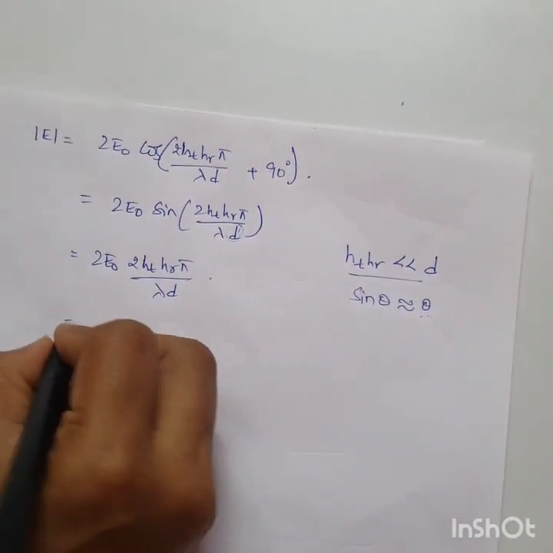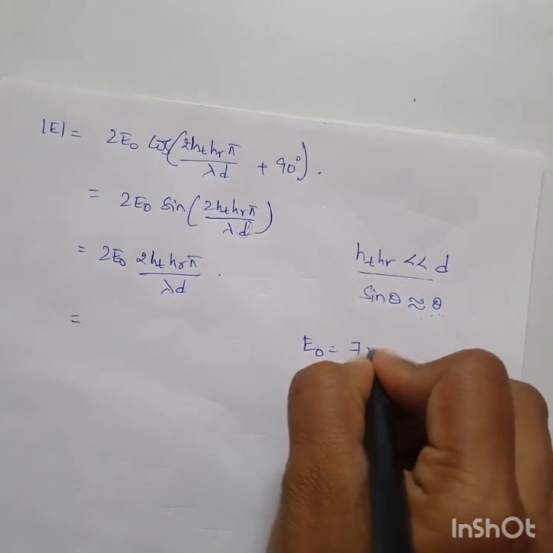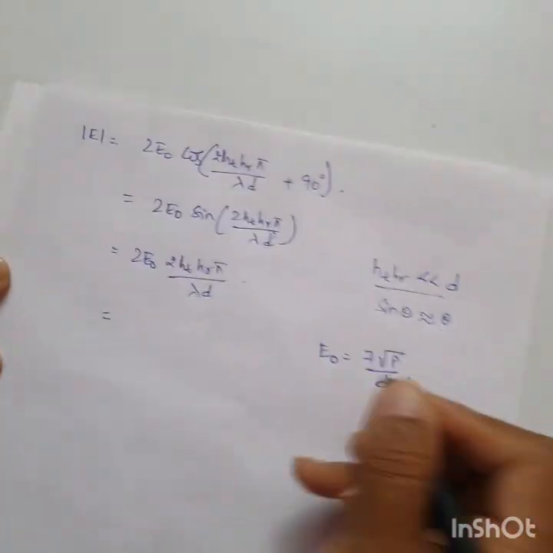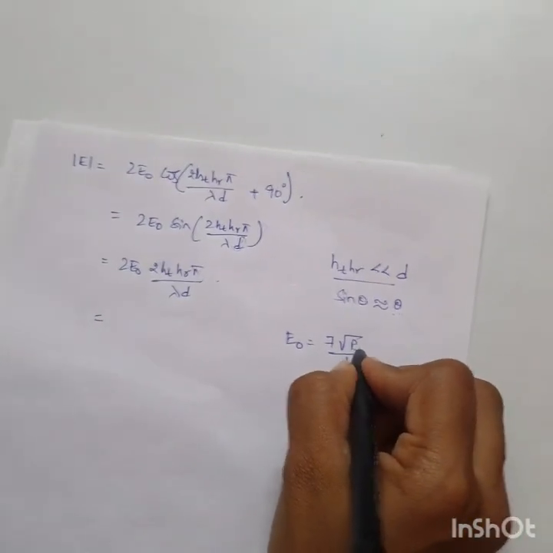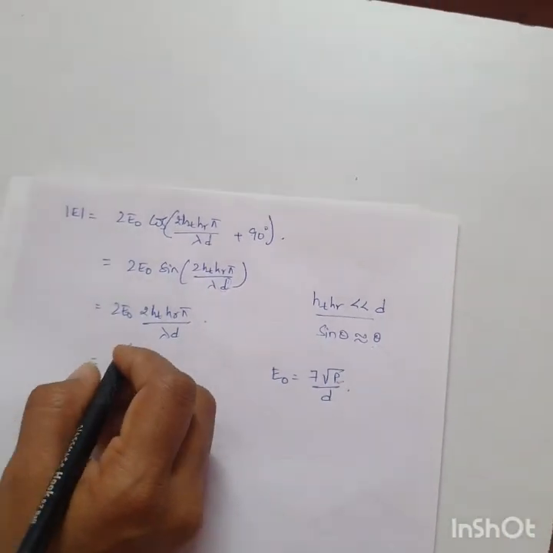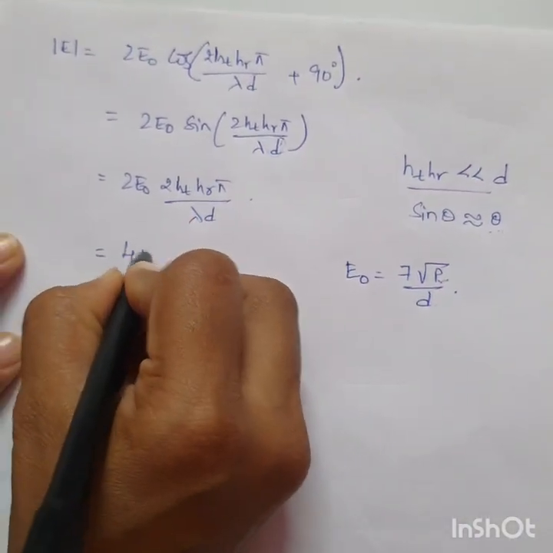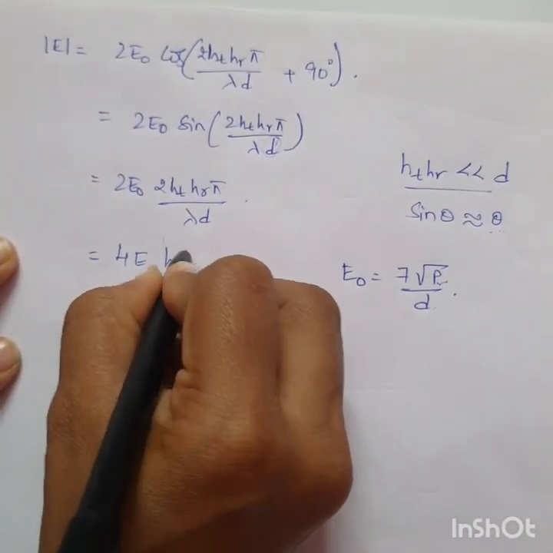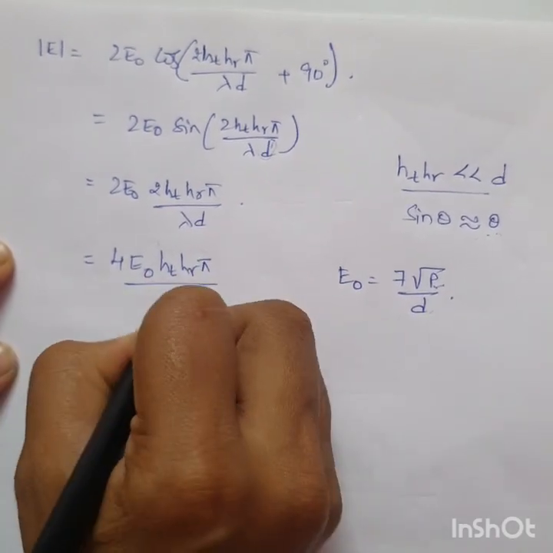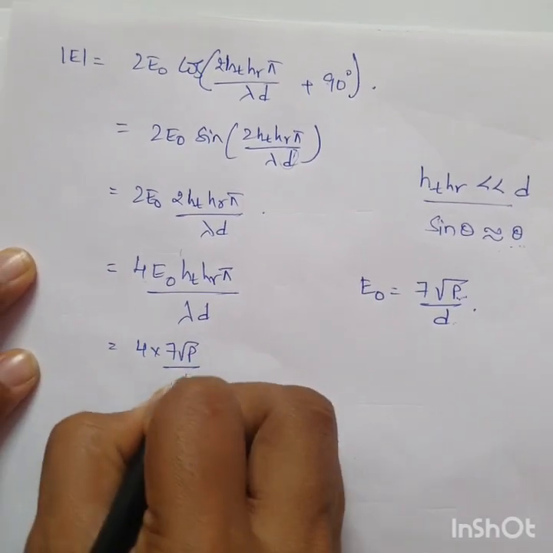Also, we have E naught equal to 7 under root P by d, where P is nothing but the transmitted power and d is nothing but the distance between the transmitter and the receiver. So it is nothing but 4 E naught pi ht hr by lambda d, where E naught is nothing but 7 under root P by d.